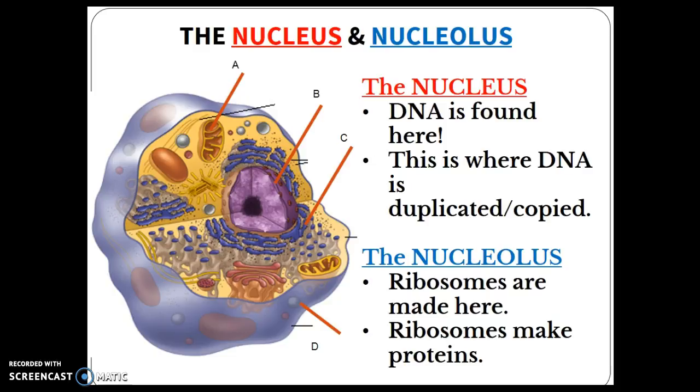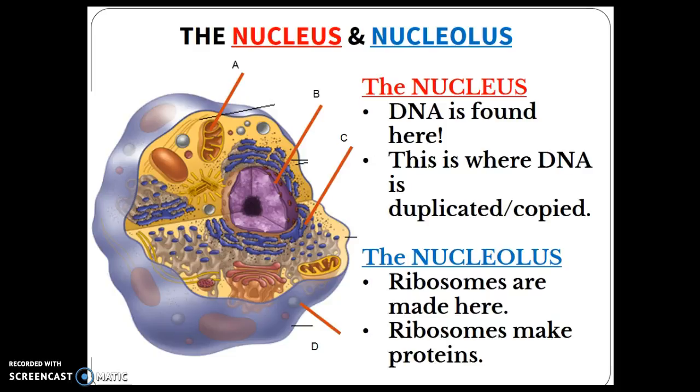So in our eukaryotic cells, there is a nucleus and a nucleolus. The nucleus is where the DNA is found, and this is also where it is duplicated and copied. The nucleolus is where ribosomes are made.